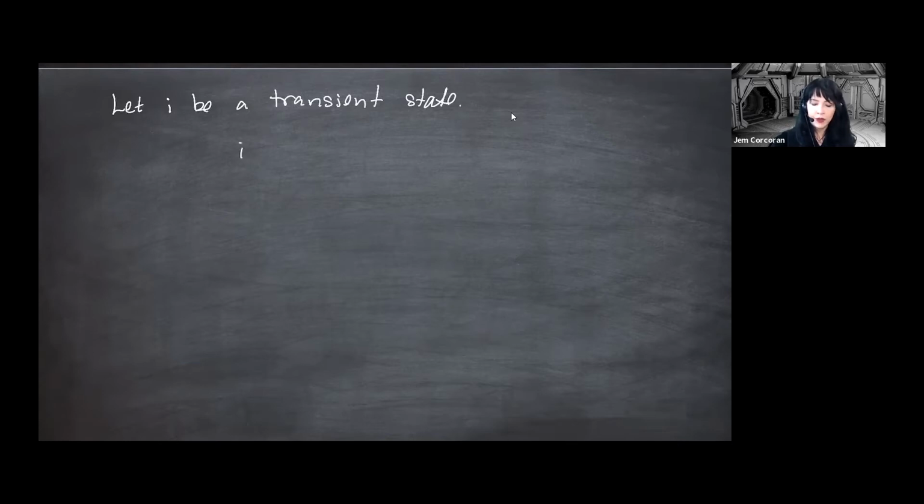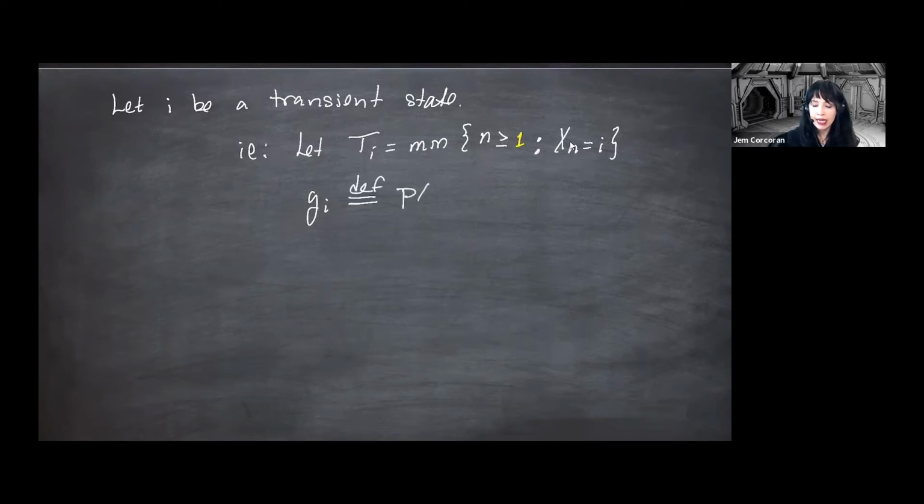We let Ti be the minimum time, at times greater than or equal to 0, for us to land in state I. Then we define the probability Gi to be the probability that Ti is finite given that we start at state I. By the way, just because we're starting there doesn't mean we're hitting it yet, because we're only counting returns.